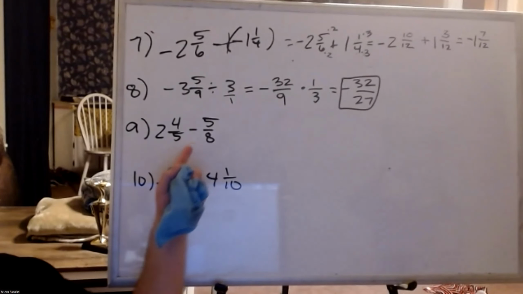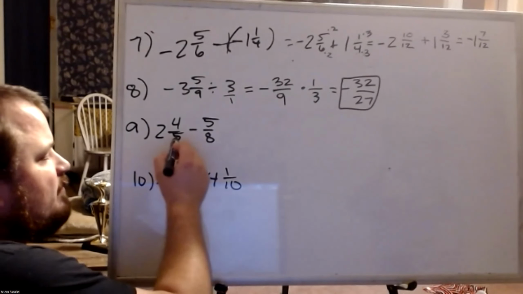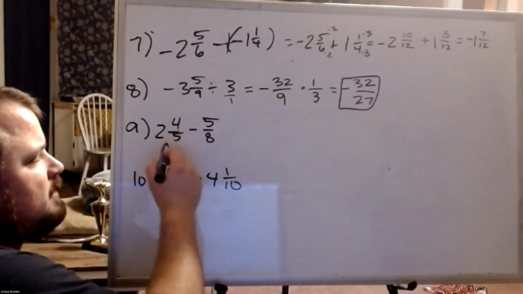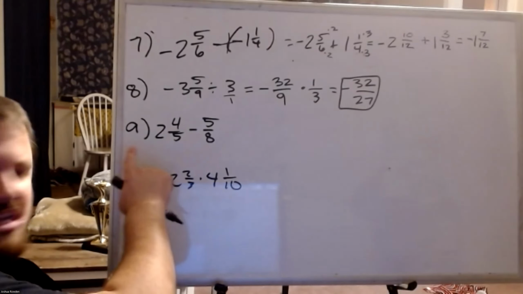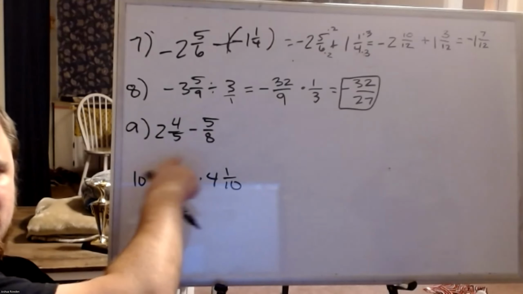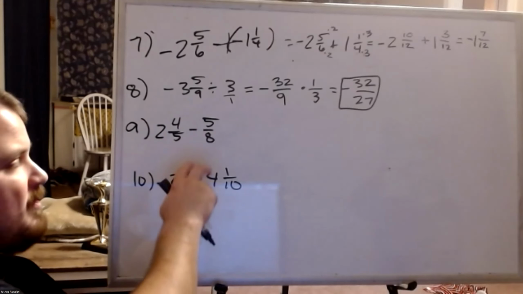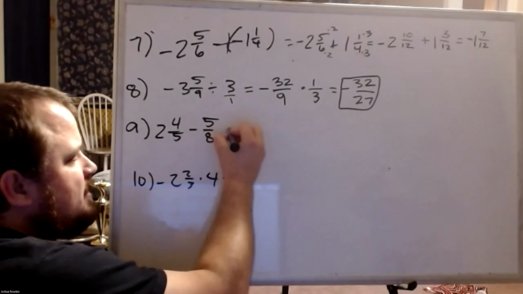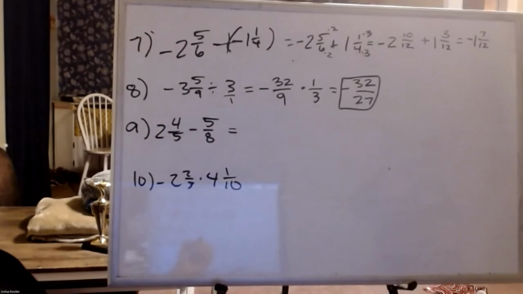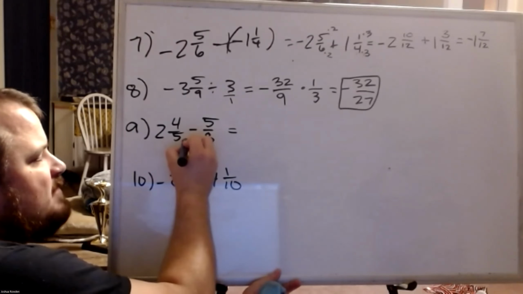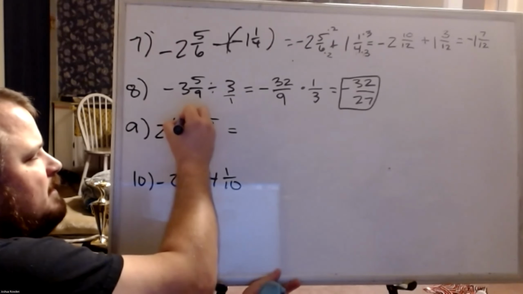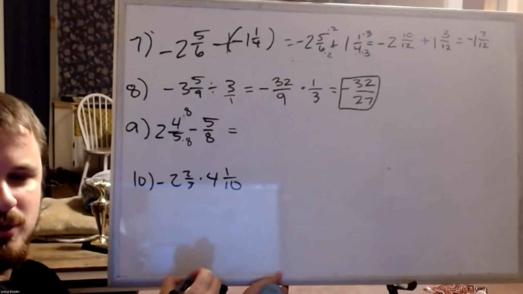All right, let's look at what we got right here. Actually, hold on. We're doing the next one. I'm sorry. We can just leave this. We don't need to deal with the mixed fraction, but we need the bottom number to be the same. So 5 and 8, they'll meet at 40. 40 is all we can do. So this 5 needs to be multiplied by 8, and the 4 needs to be multiplied by 8.